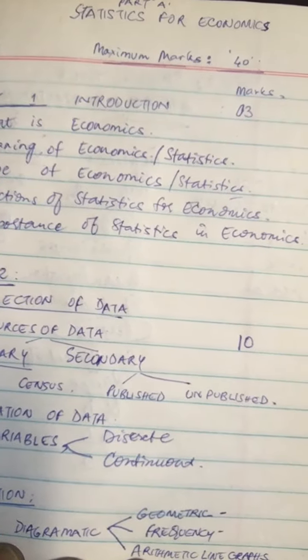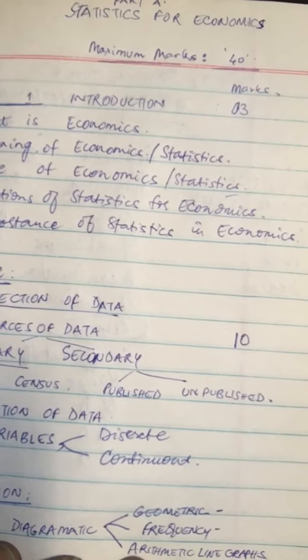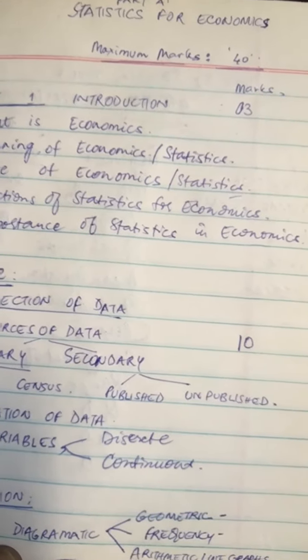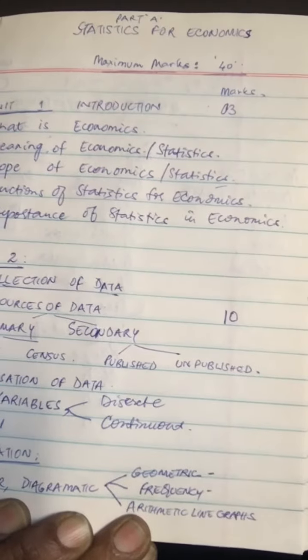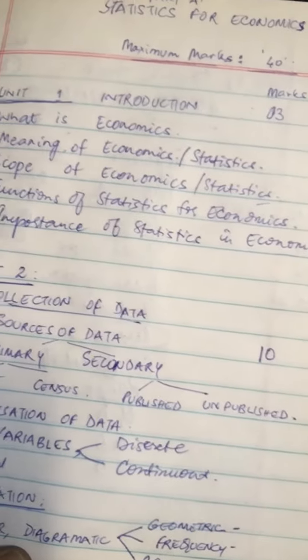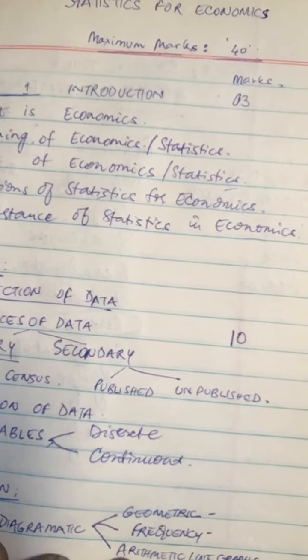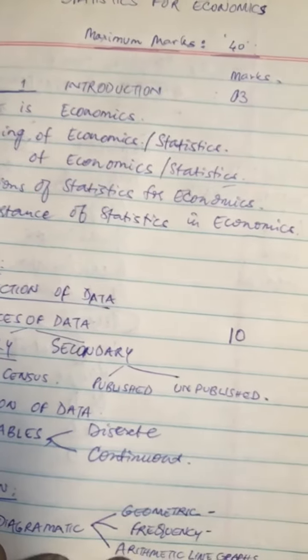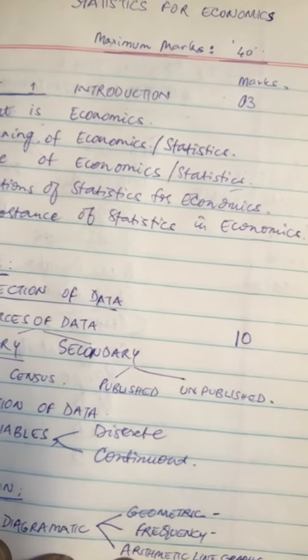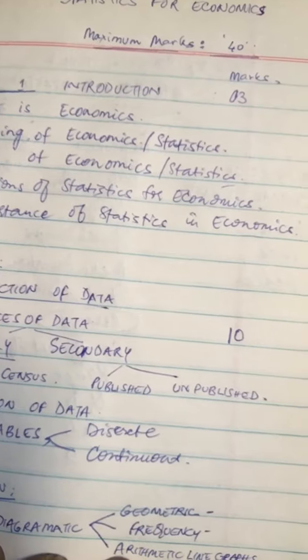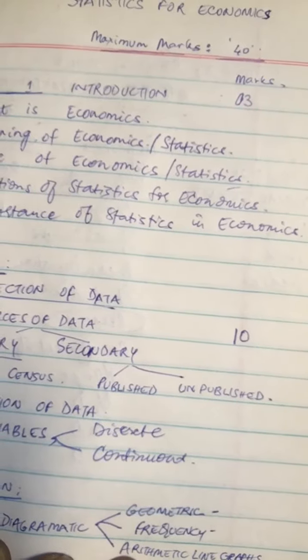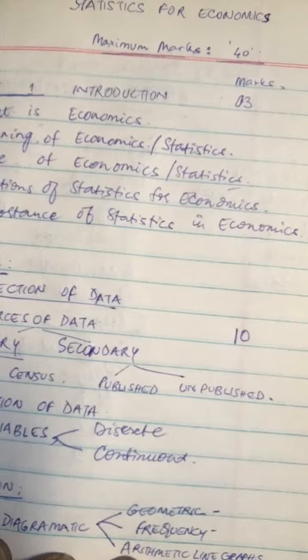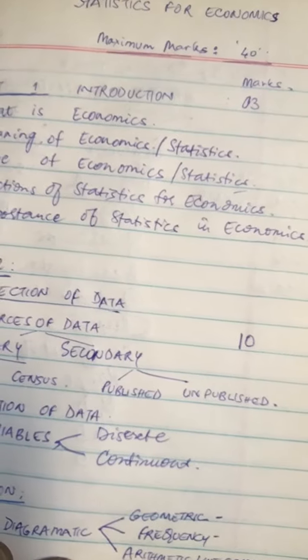Then we organize the data. Here we talk about an individual series, or group data, and in group data we talk about variables, discrete series and continuous series. Then we talk about presentation of data. We present data in the form of tables, that is schedules.